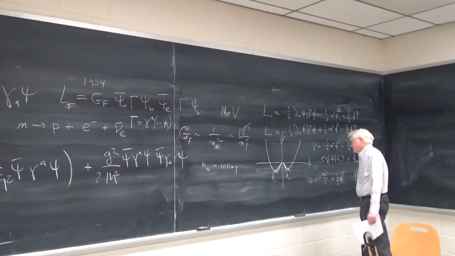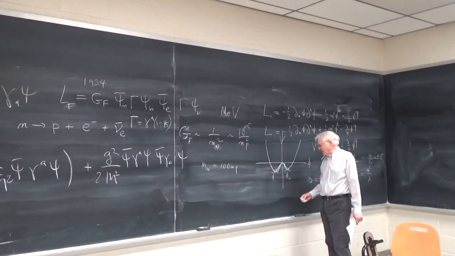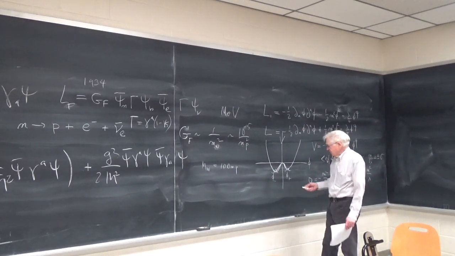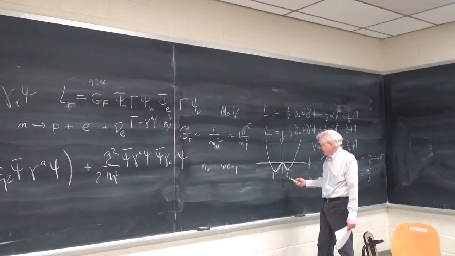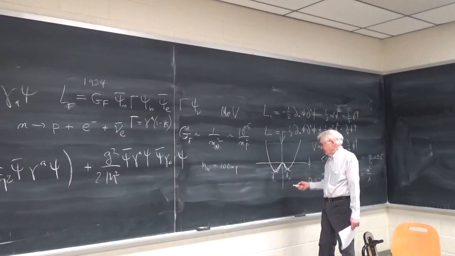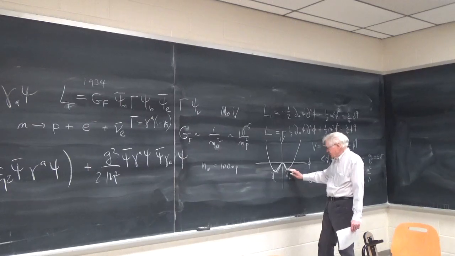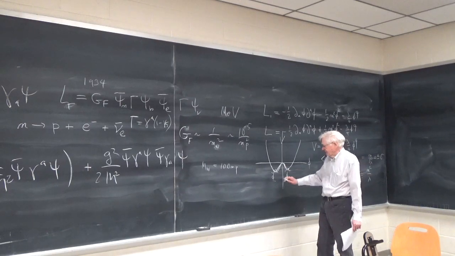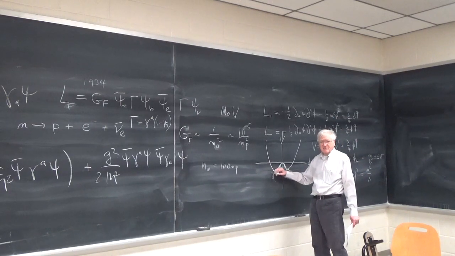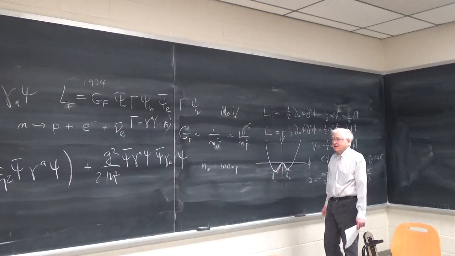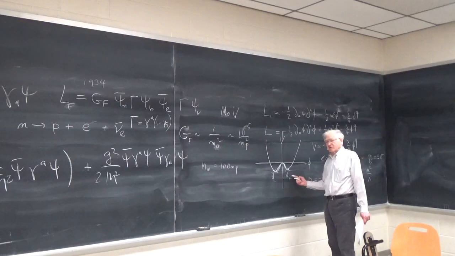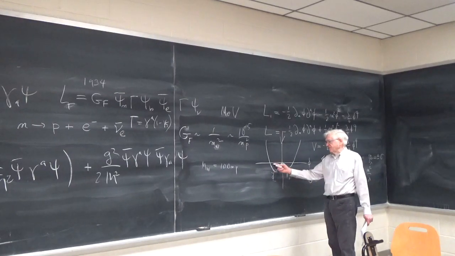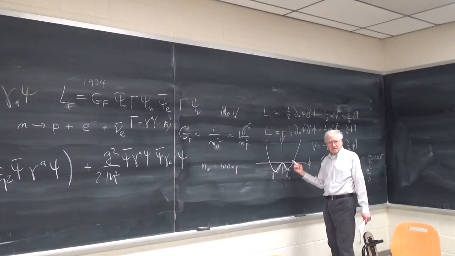In 3 space and 1 time dimension, my intuition is that this is a theory with 2 vacua of equal energy, and in one of them the field is concentrated in phi plus, in the other the field is concentrated in phi minus. Now, if you talk about excited states, the excited states overlap, the excited states have field in both regions.